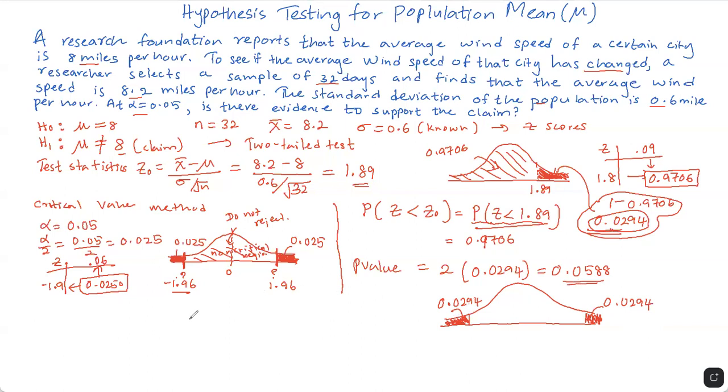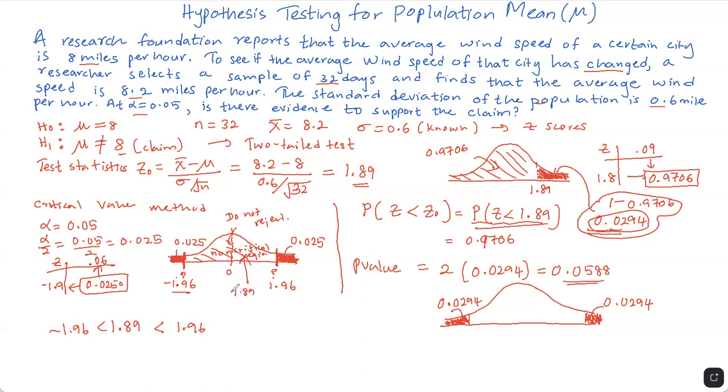So now we have the critical values and the p-value. Let's see how to make the decision. So as you can see, look at the test statistic value, 1.89. So 1.89 is between negative 1.96 and 1.96. So it falls somewhere around here, right?